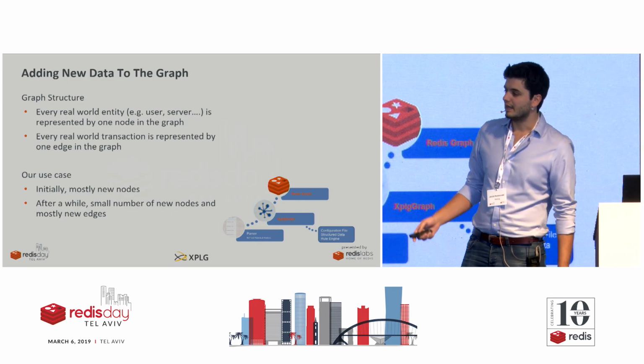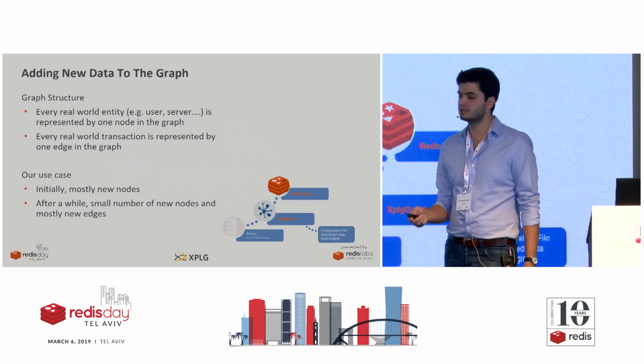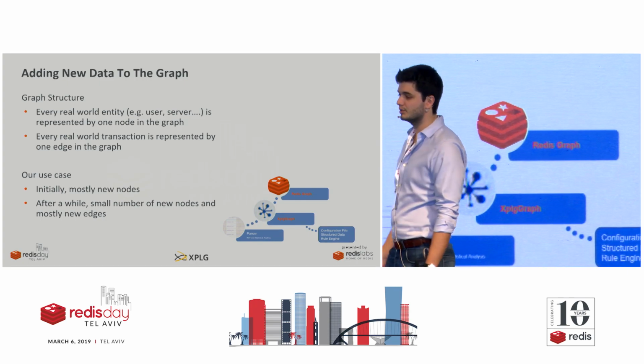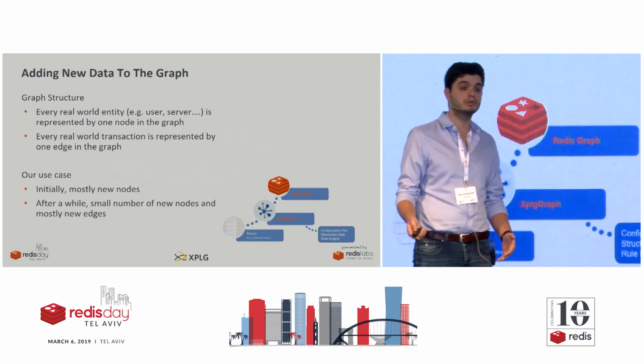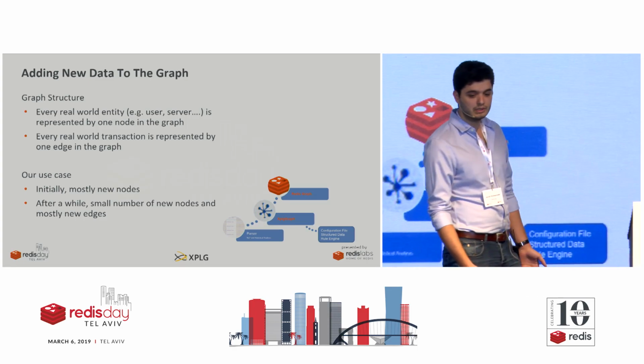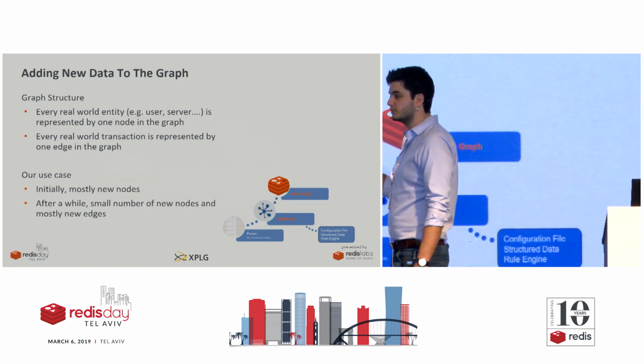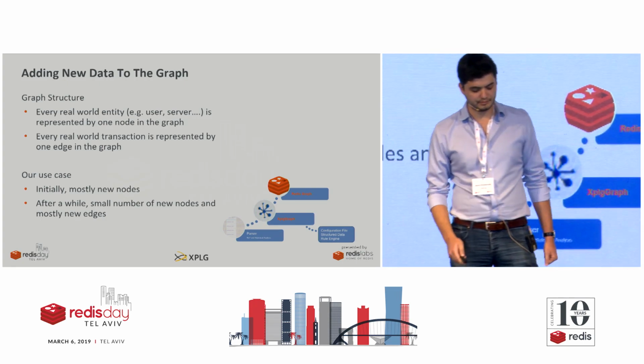And then any kind of transaction between these two entities will be represented as an edge in the graph. So if a user performs a login operation on a remote server, we can create an edge between these two entities, and this will be represented in the graph.